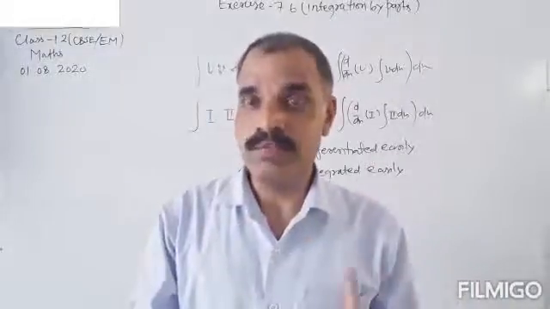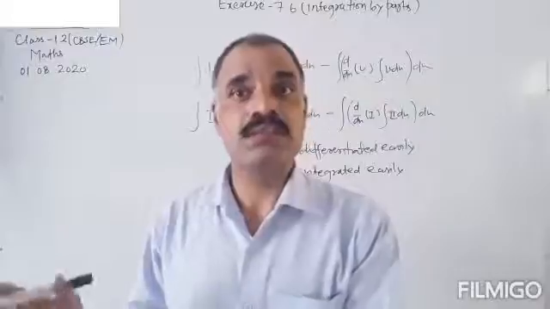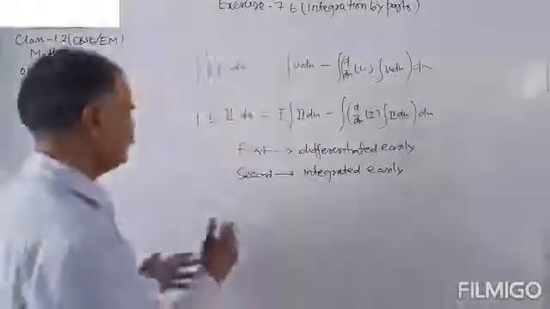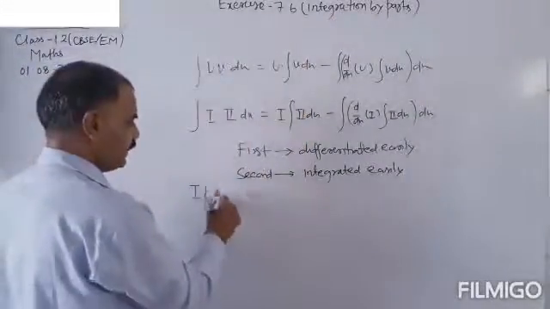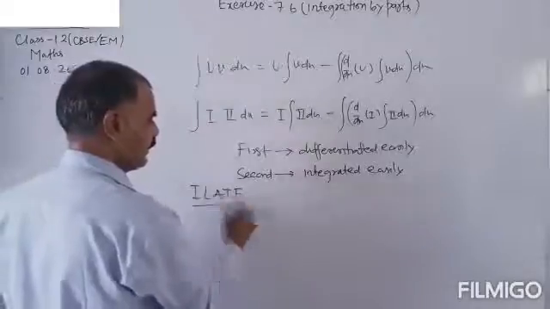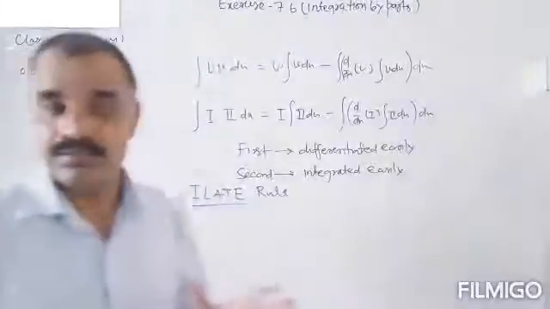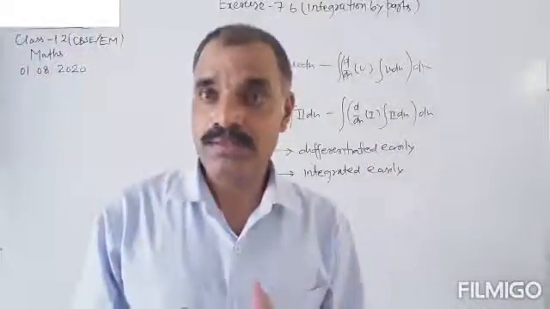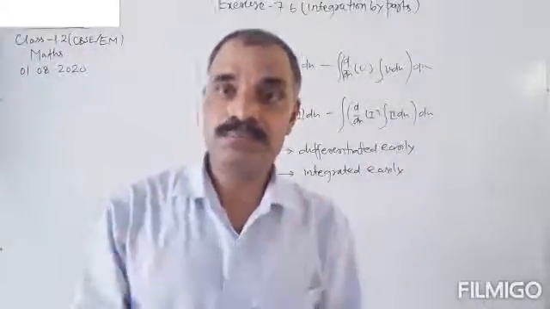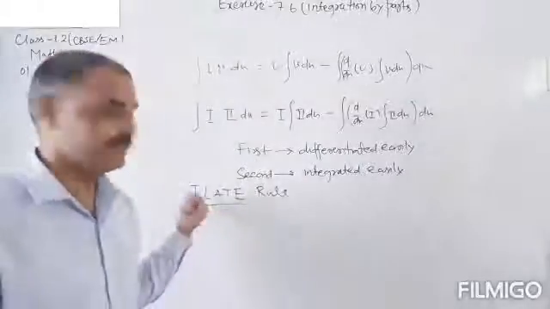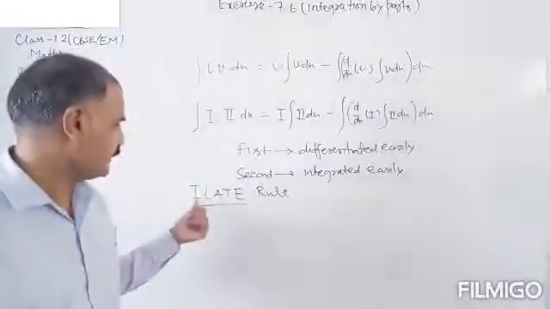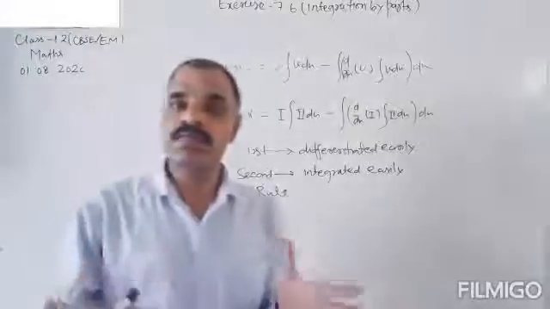There is a short trick, an unofficial trick also, an unofficial rule by which you can easily choose the first function and the second function, that is the ILATE rule. If two functions are in product form, then which one is the first function? The one whose letter comes first. That is I. I means inverse trigonometric function.